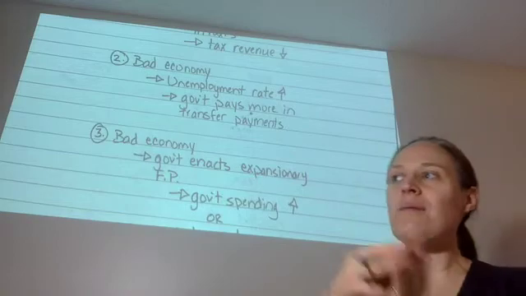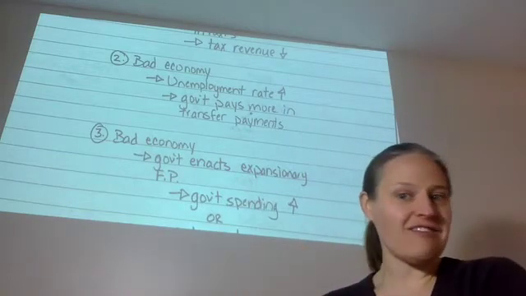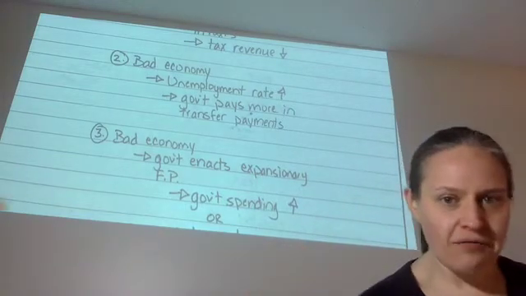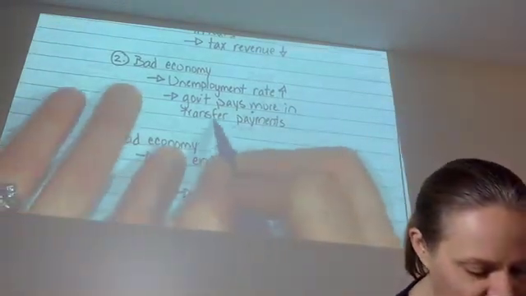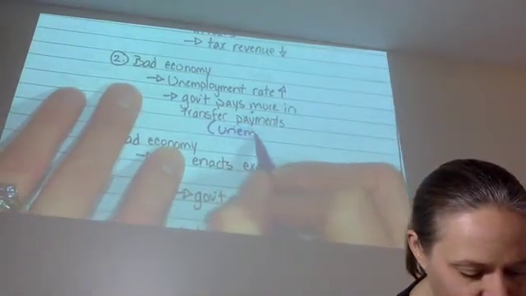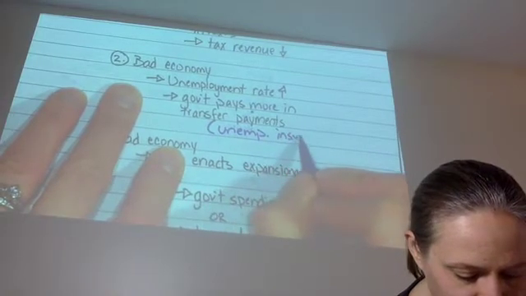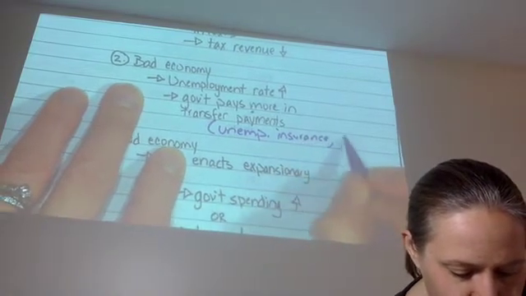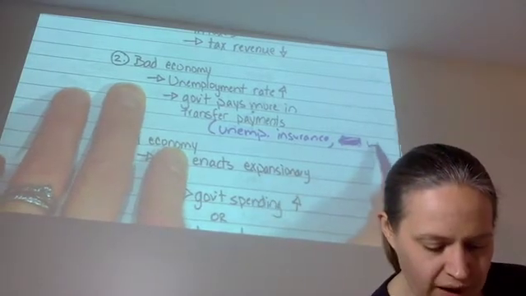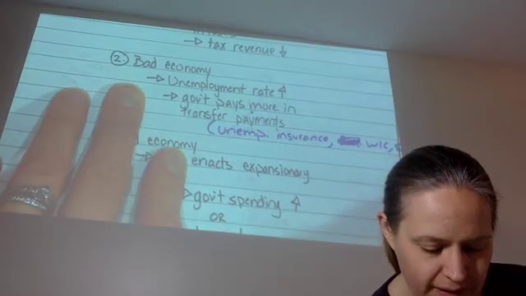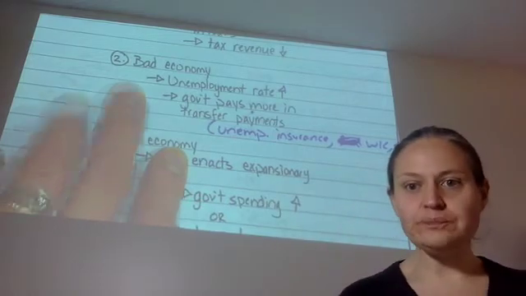If they lose their jobs, then they're going to end up needing housing assistance, that kind of stuff. So unemployment rate goes up, they pay more money in transfer payments such as unemployment insurance and food stamps, or WIC, and SNAP, and all that kind of stuff.